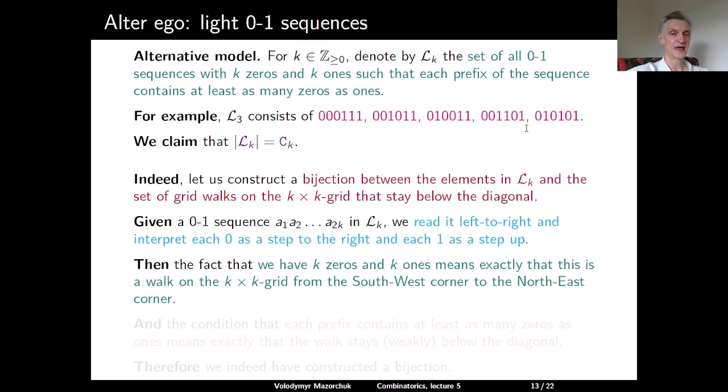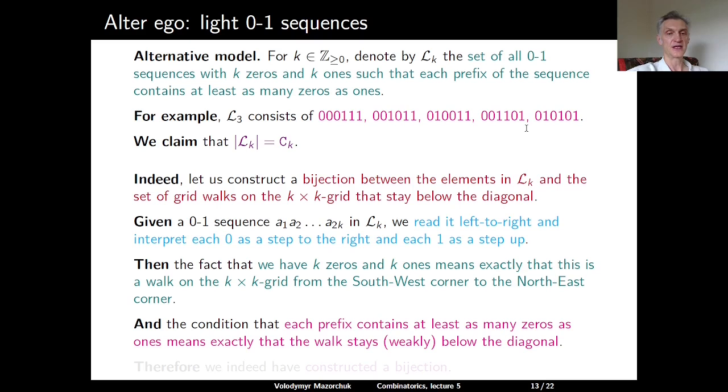Then the fact that we have k 0s and k 1s means exactly that this is a walk from the southwest corner of a k times k grid to the northeast corner. And the condition that each prefix contains at least as many zeros as ones means exactly that this walk stays weakly below the diagonal. Therefore we indeed have a bijection between our 0-1 sequences and the grid walks, and we get the answer that our light 0-1 sequences are enumerated by Catalan numbers.